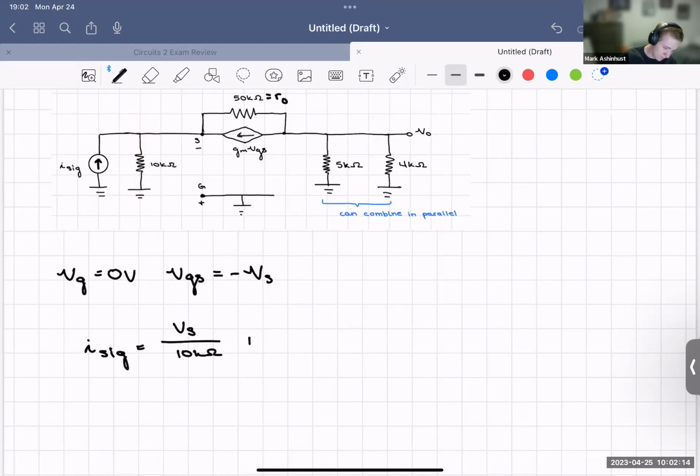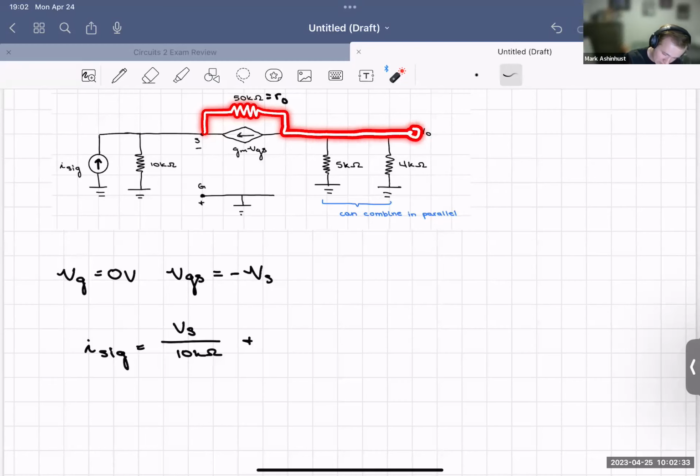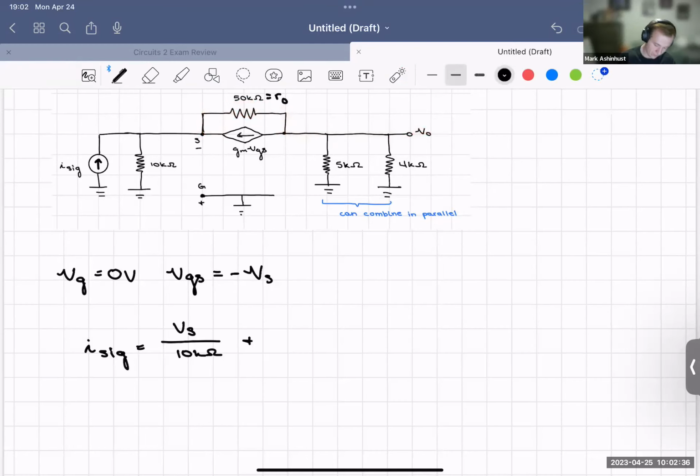So there's one. And then we have our VS over the RO. So we have VS, and then we have our 50K RO over here to V out. So we have VS minus V out over 50K.